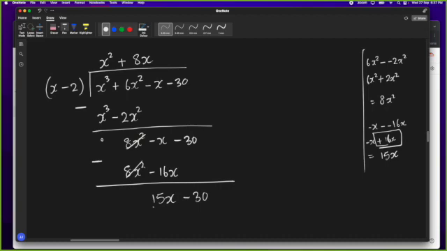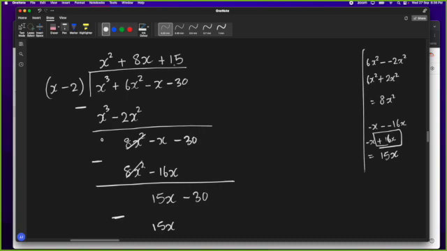And now I'm just looking to get rid of this big guy here. So I will put a plus 15. And plus 15 times x will give me, I have the big minus sign here, so plus 15x.